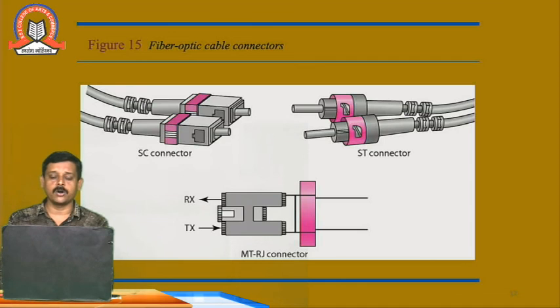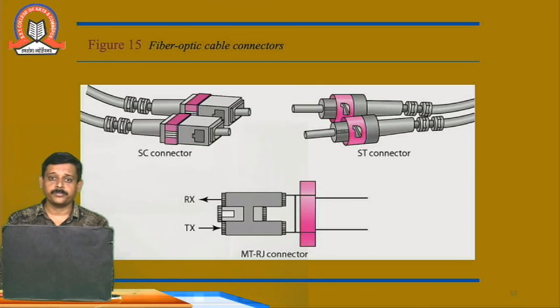As you can see, we differentiate these different cables. Coaxial cable and shielded twisted pair or unshielded twisted pair cable are much cheaper than fiber optic cable. These have a lower data transfer rate, but fiber optic cable has the highest data transfer rate.